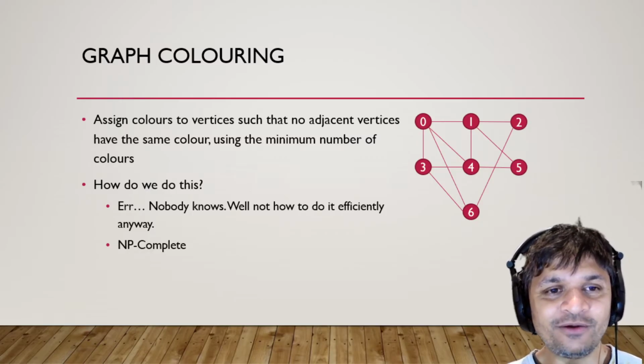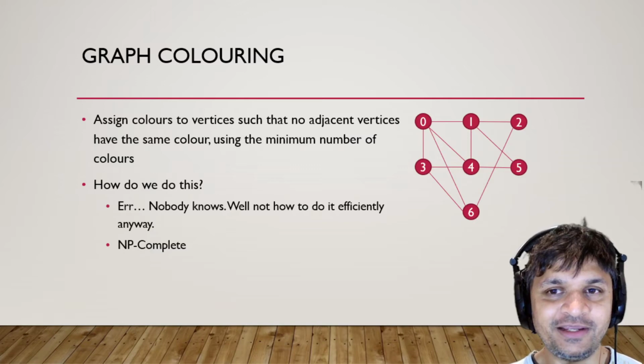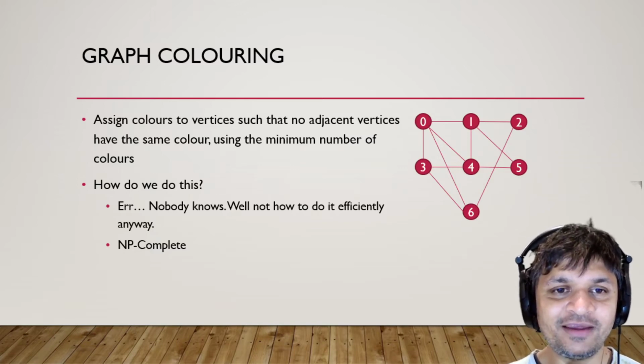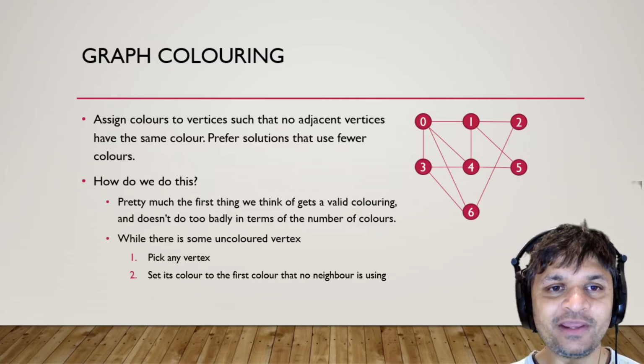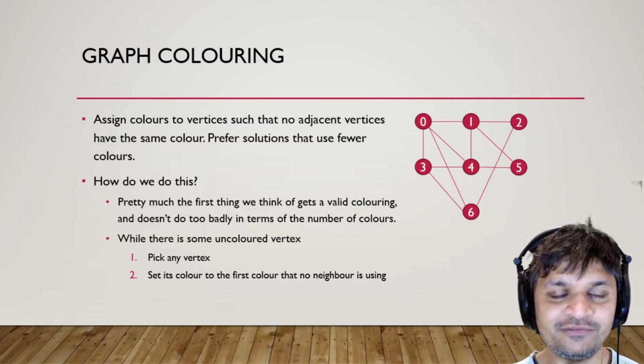The point is, when we don't know how to solve something that efficiently, we say, okay, let's solve it approximately. Let's say, well, we can't do it perfectly, so let's do it sort of suboptimally. And so we restate the problem to say, let's assign colors to vertices such that no adjacent vertices have the same color and prefer solutions that use fewer colors.